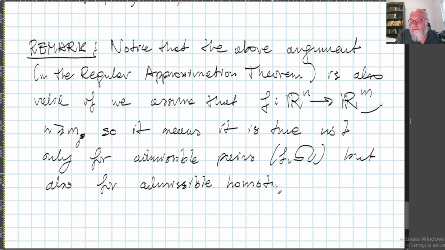For admissible homotopies. And we will refer to this remark later.